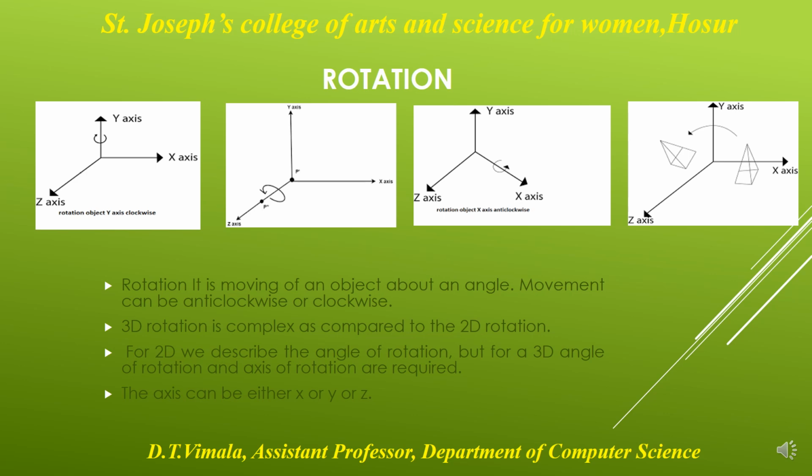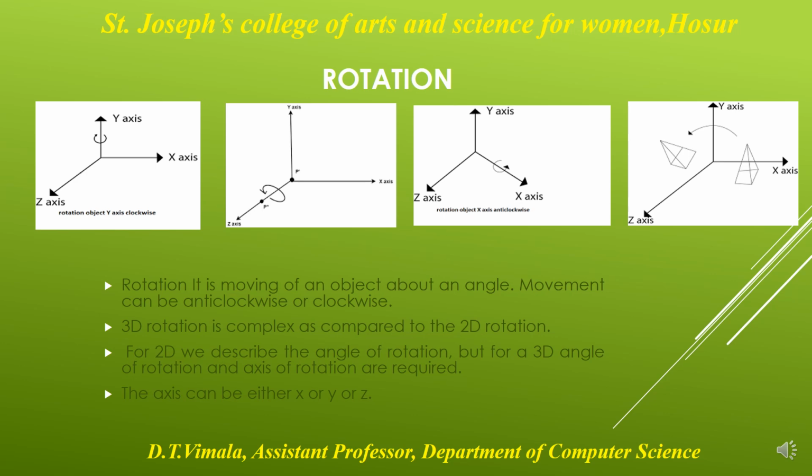In 2D rotation, we use only the angle theta to rotate the object, but in the 3D transformation we need both the angle and the axis of rotation to rotate the object. The axis can be x, y or z.